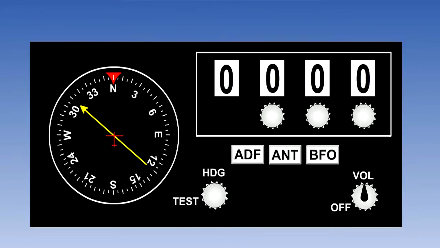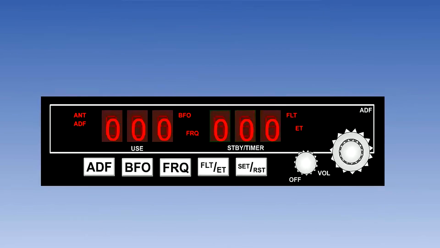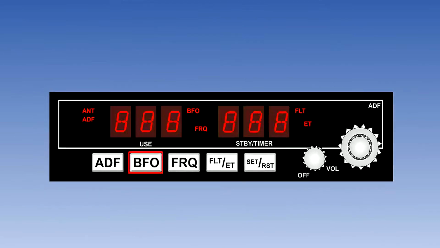This is a digital ADF controller. If you needed the beat frequency oscillator, you would press the BFO button to hear the identity of an N0N or A1A signal.